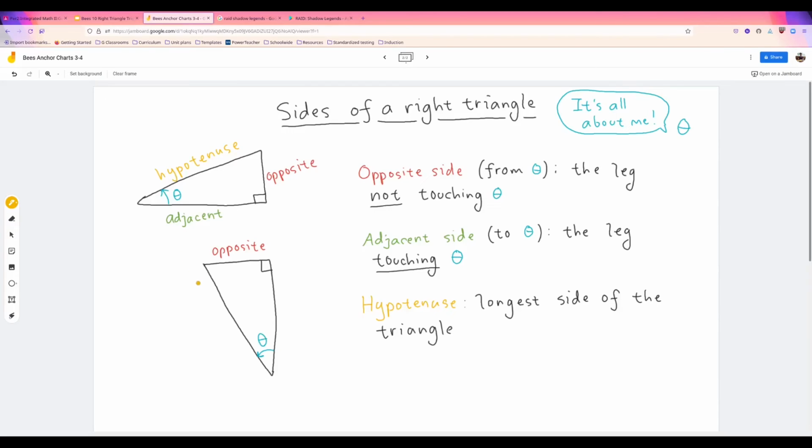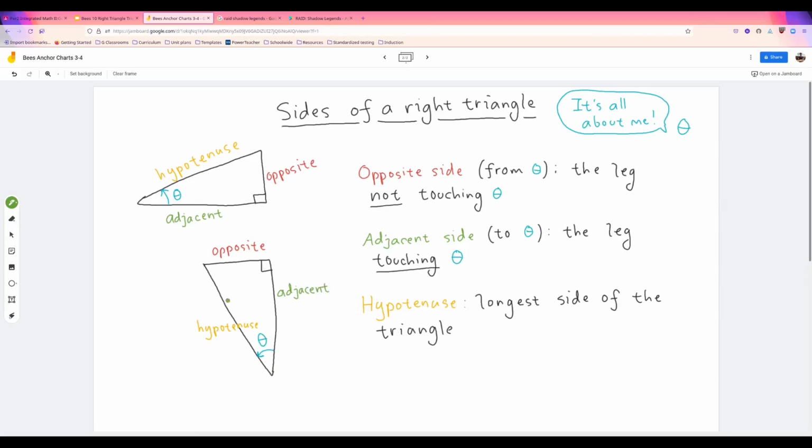Hopefully you've paused the video and had some time to think about it. So over here is the hypotenuse, and then over here we've got the adjacent side to theta.